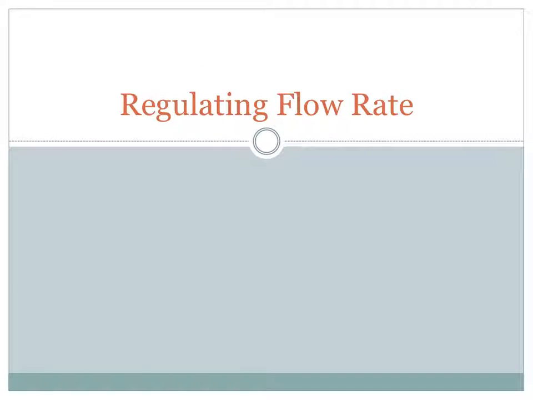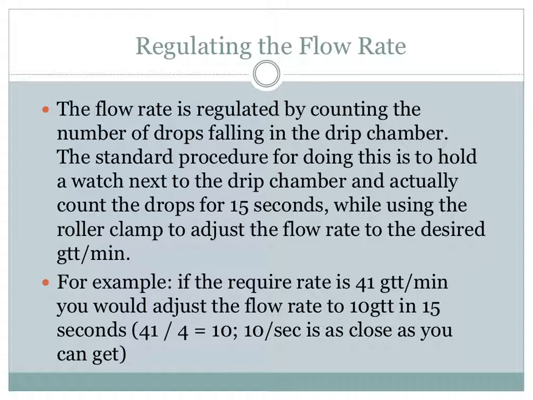Now we're going to move on to discussing regulating the flow rate. The flow rate is regulated by counting the number of drops falling in the drip chamber. The standard procedure for doing this is to hold a watch next to the drip chamber and actually count the drops for 15 seconds while using the roller clamp to adjust the flow rate to the desired drops per minute.